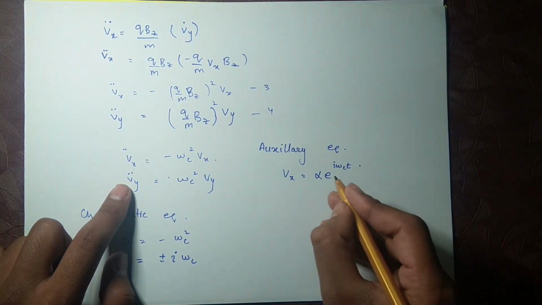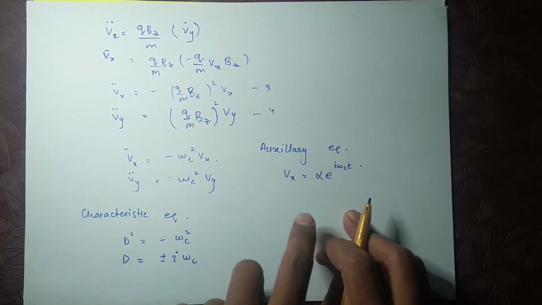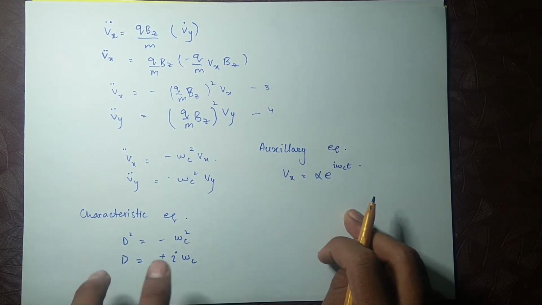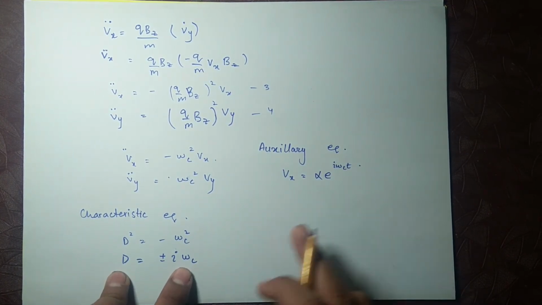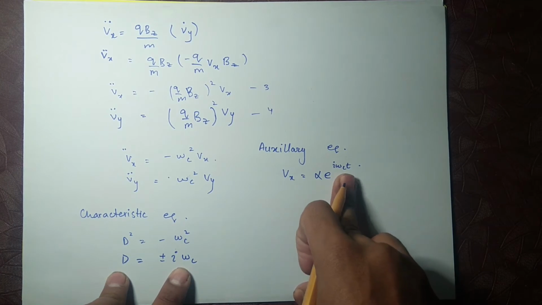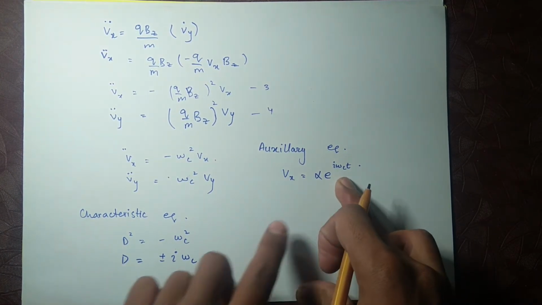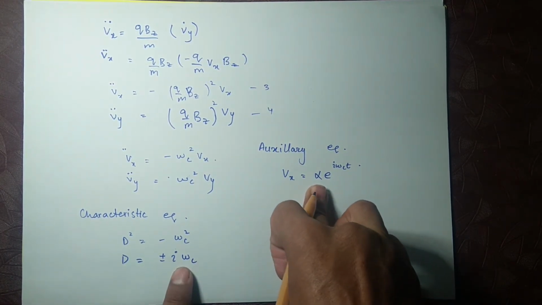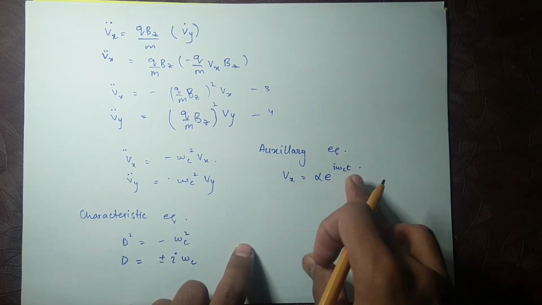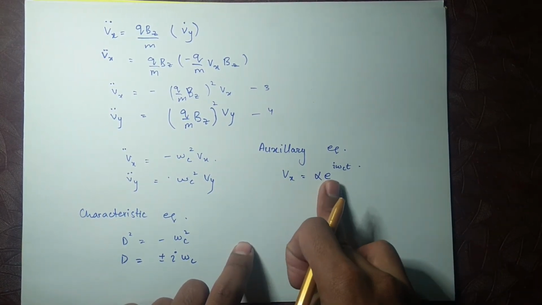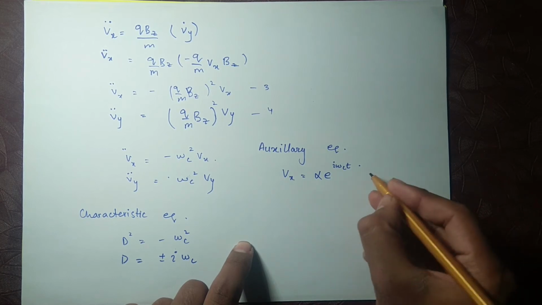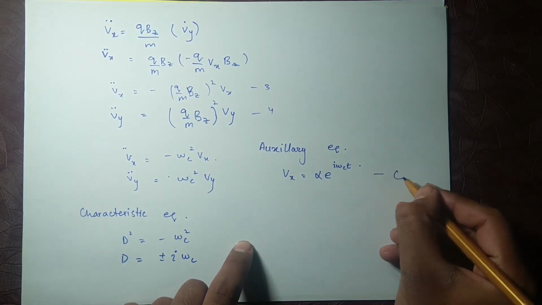This is the solution equation. From this characteristic equation we write this value here, and alpha is a constant term, and this is the auxiliary equation. We can write this as equation number 5.